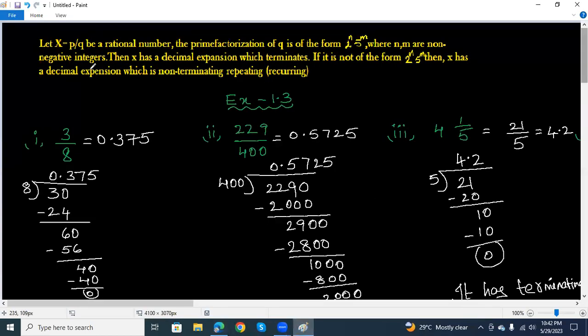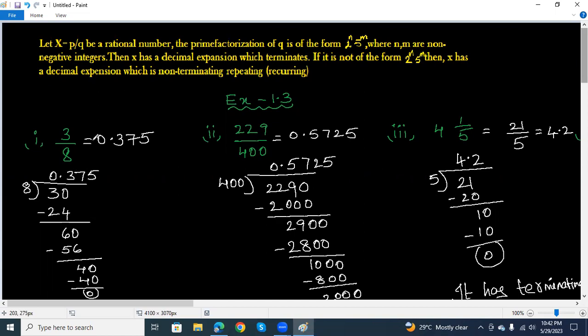So for that, I would like to explain this point. Let x be equal to p by q. See, all our questions are in p by q form, rational numbers, right? The prime factorization of q is of the form 2 power n, 5 power m. Q means this denominator only. You need to concentrate only on the denominator.